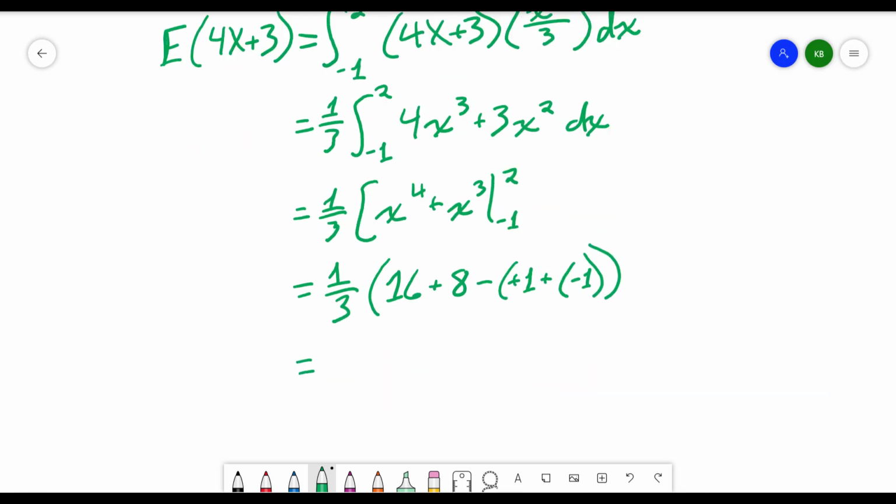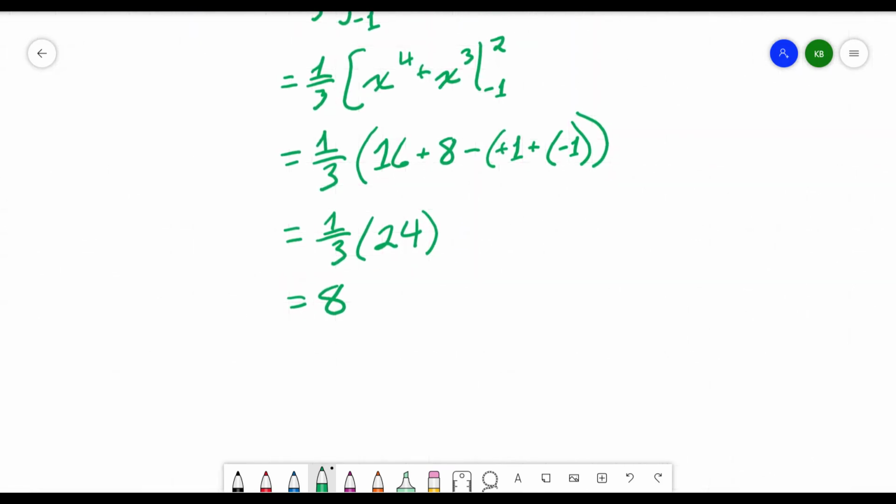So this equals 1/3 times 24, which equals 8. So my expected value of my random variable g of x is 8.